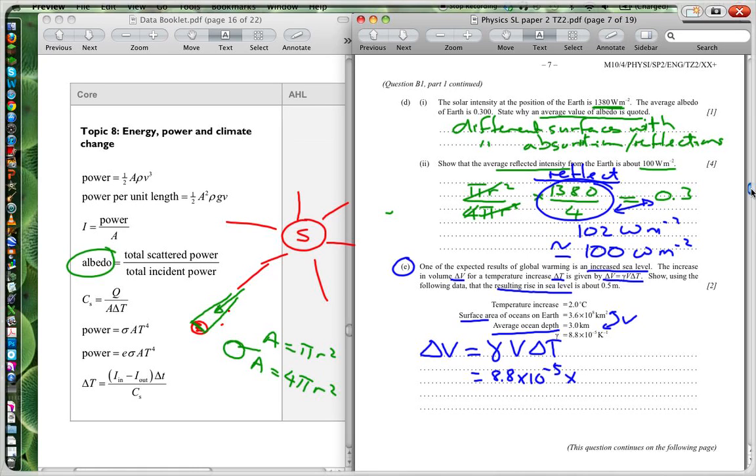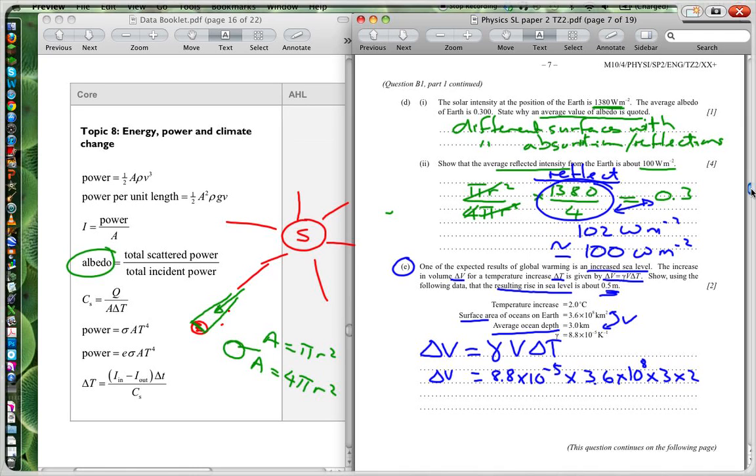We want our answer to come out in meters, so I can convert it now into meters, or I can convert it later. Let's keep it in kilometers now. If I multiply, this is going to be 3.6 times 10 to the 8 kilometers squared times 3, so I'm going to get kilometers cubed times 2. That's going to be my change in V.